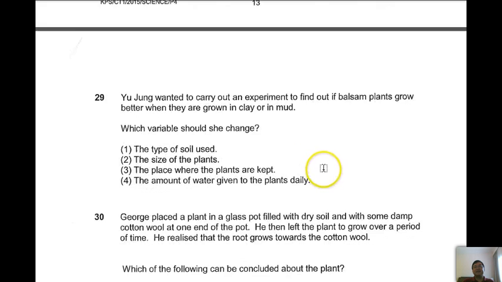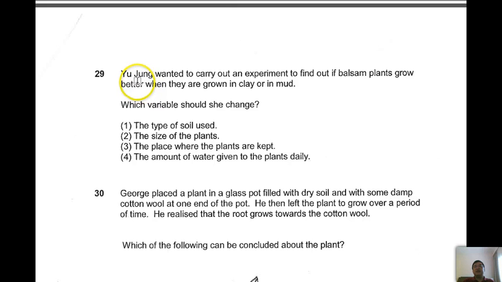Next, 29. Yu Jung wanted to carry out an experiment to find out whether the balsam plant, which is a flowering plant, grows better when grown in clay or in mud. It means put in mud or in clay. I'm not very sure what it means, but I know that in both clay and mud it can possibly grow.